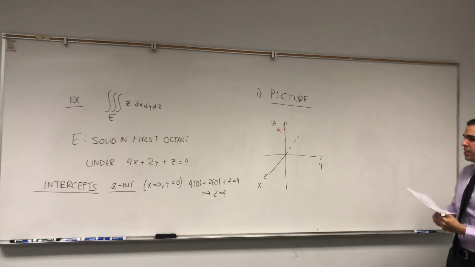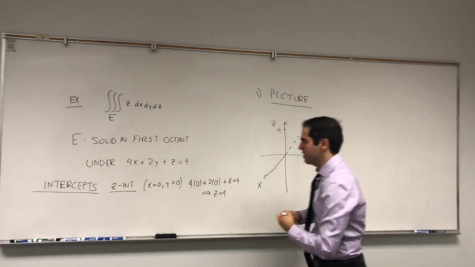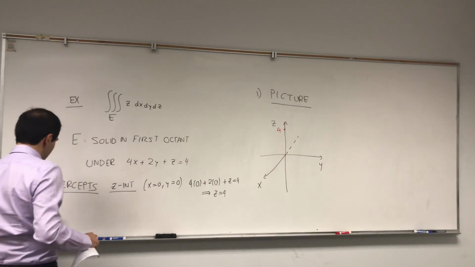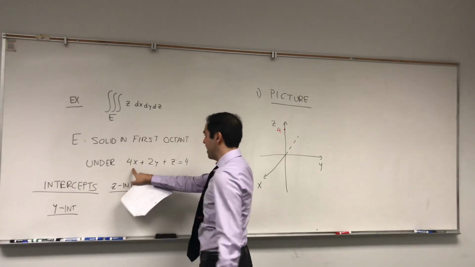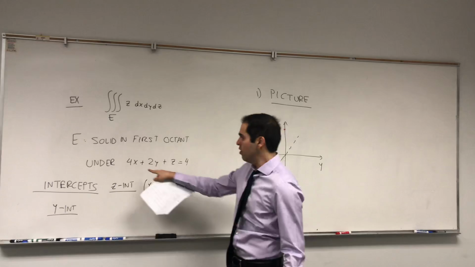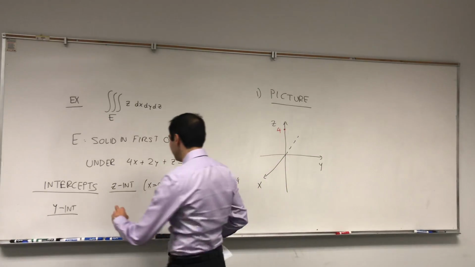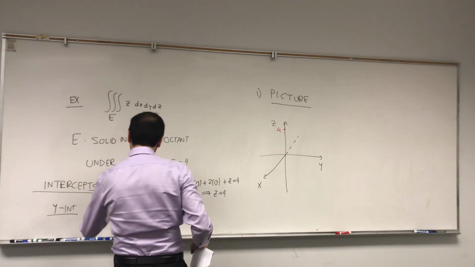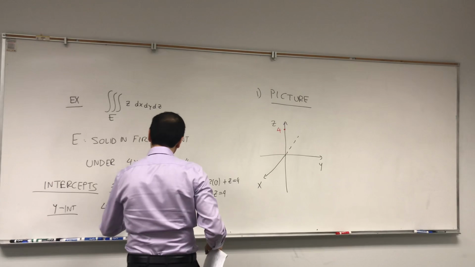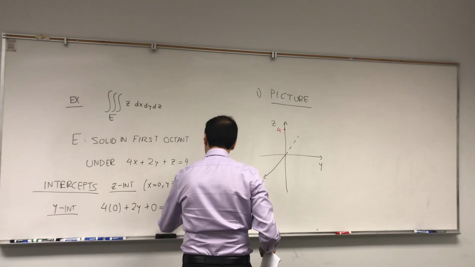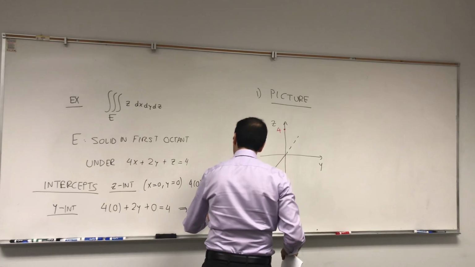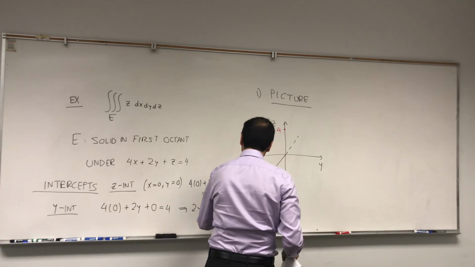And then let's continue. Let's find the y-intercept. What this means, you set the other variables to 0. So x is 0 and z is 0. So 4 times 0 plus 2y plus 0 equals 4. So 2y equals 4, and therefore y equals 2.